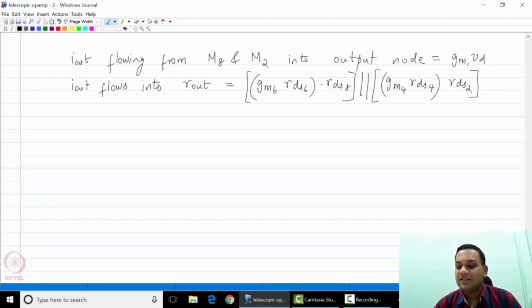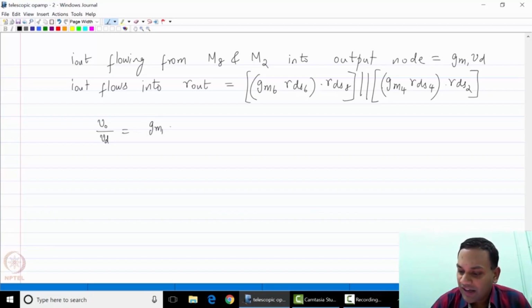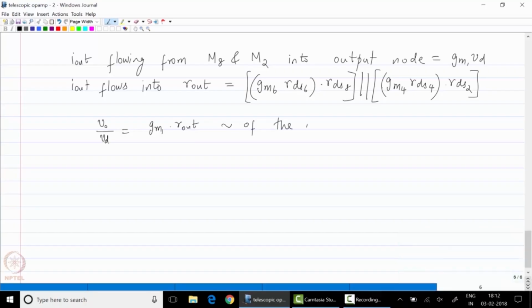This output resistance gets multiplied by Iout to give you Vout by Vd equal to gm1 times Rout. So this is the gain of the op amp, which is clearly of the order of the square of the intrinsic gain of one single device.